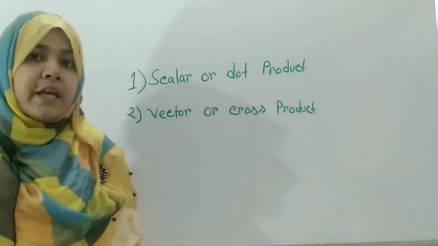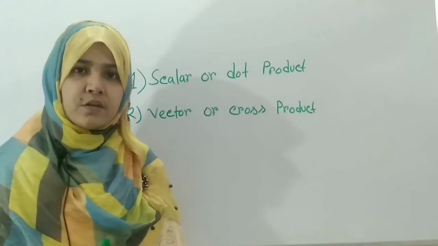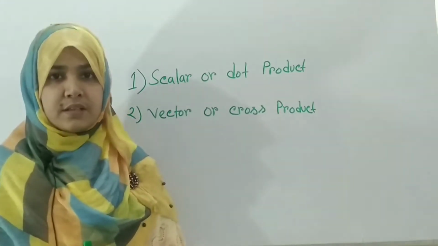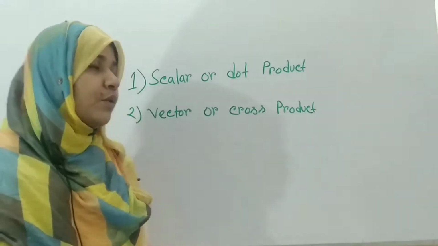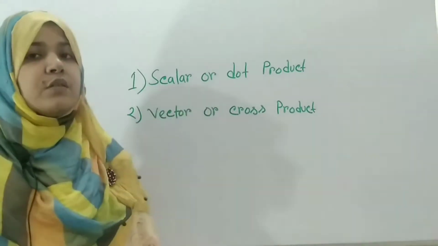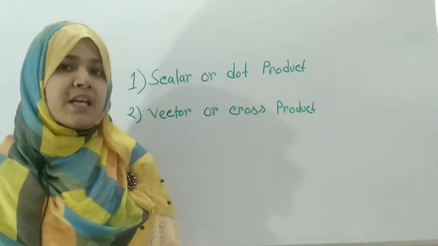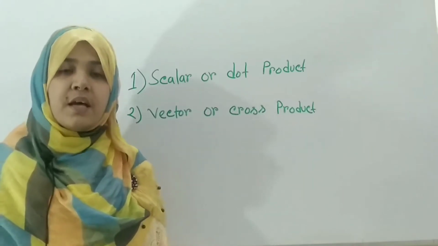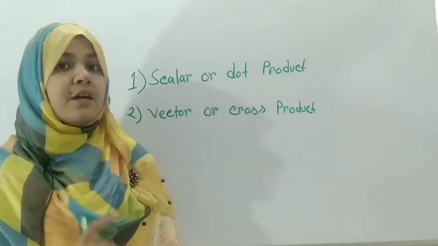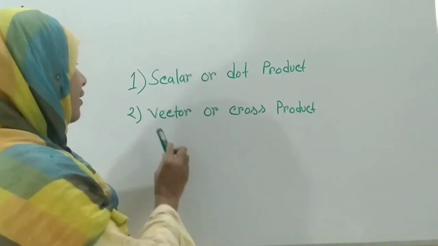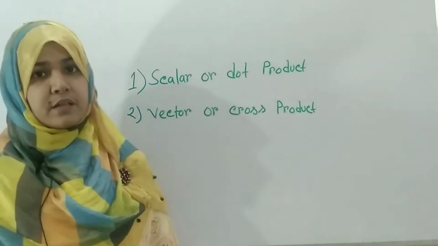So, if we multiply two vector quantities and as a result we find a scalar quantity, then that type of product is known as scalar or dot product. But after the multiplication of two vector quantities, if we get another vector quantity, then that type of product is known as the vector or cross product.